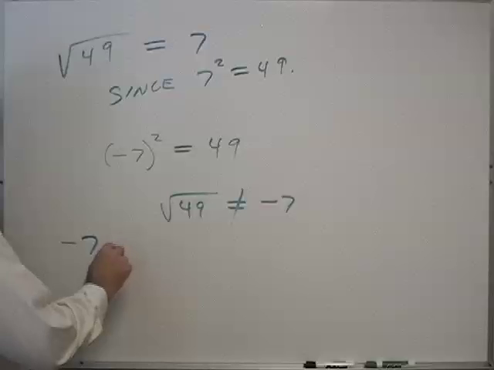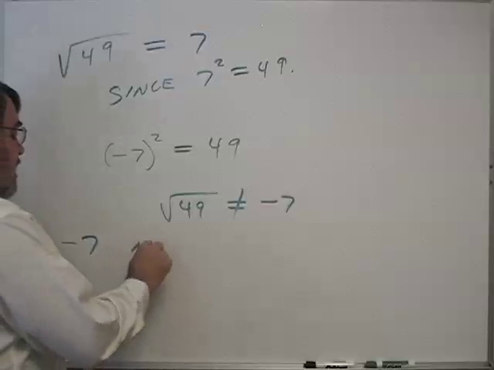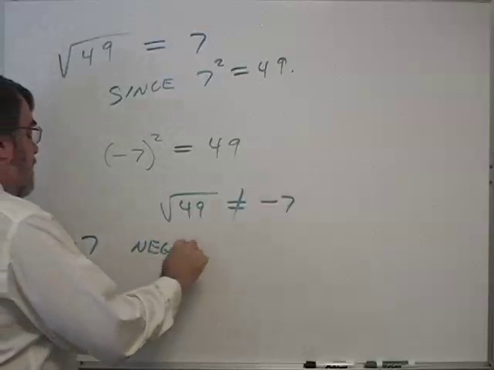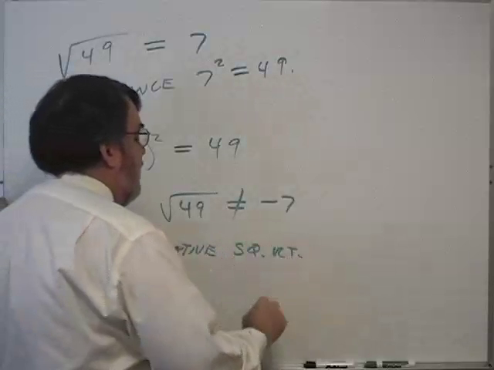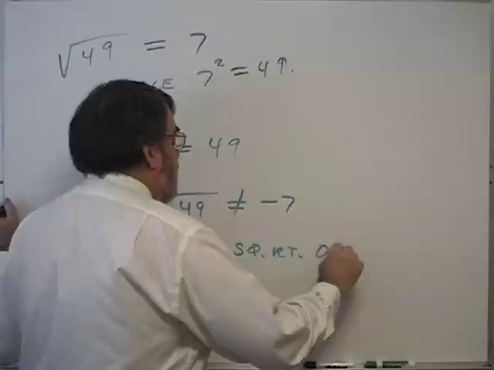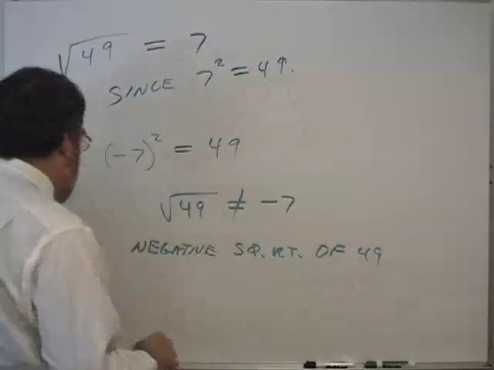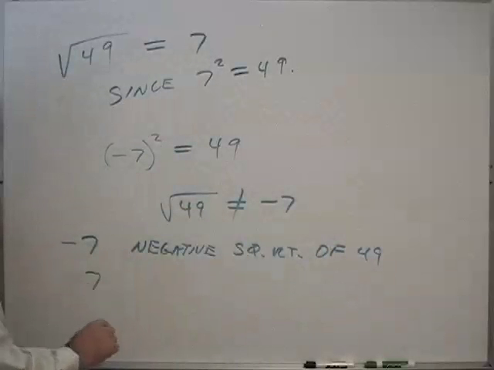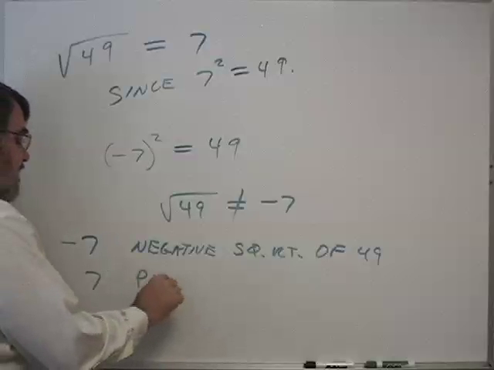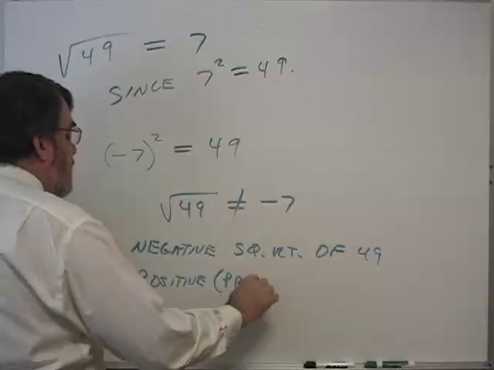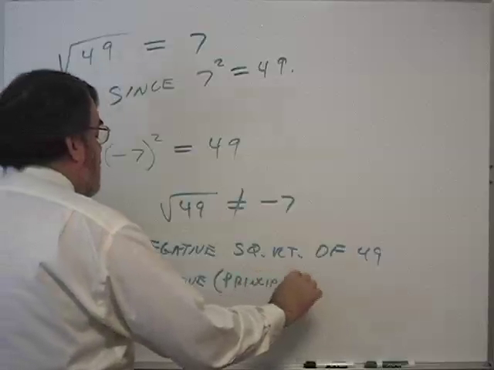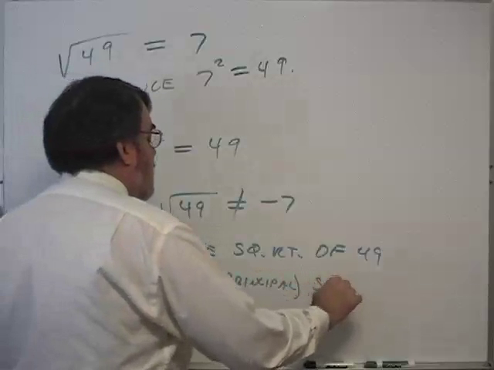So -7 is the negative square root, I'm going to abbreviate here, square root of 49. And 7 is the positive or principal square root of 49.